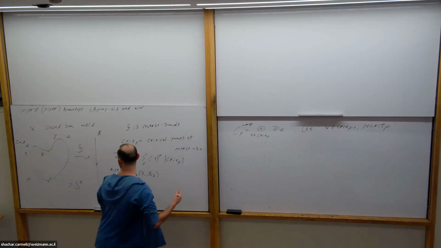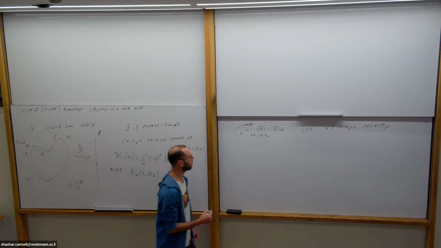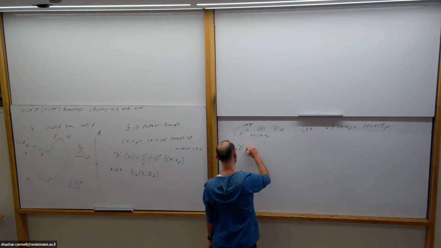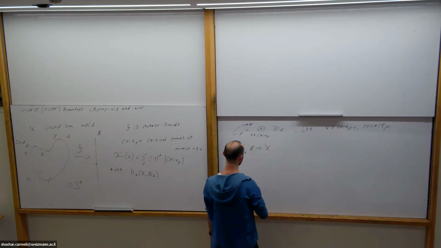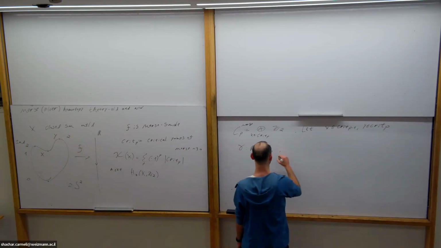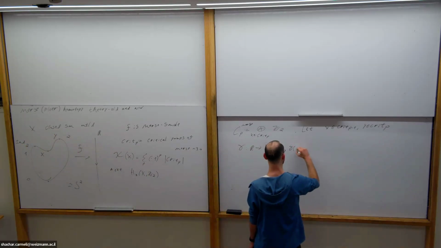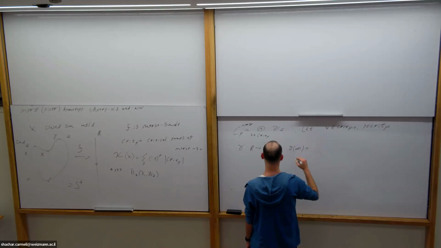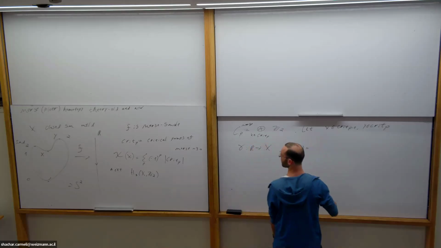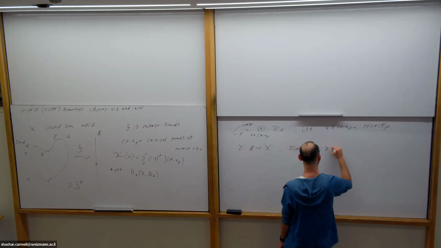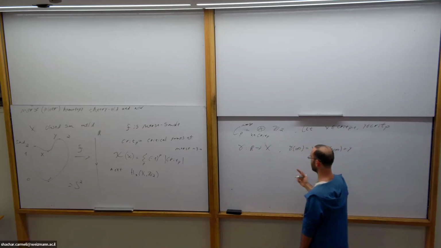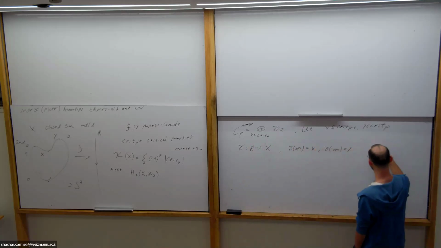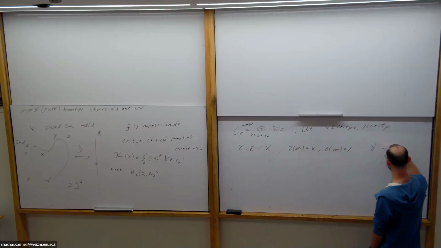So maybe I say more precisely, we want to look for gamma in our manifold, such that gamma of infinity, the limit, is X, and gamma of minus infinity is Y, and gamma is a gradient flow line, meaning that the derivative of gamma equals minus the gradient of f at gamma.